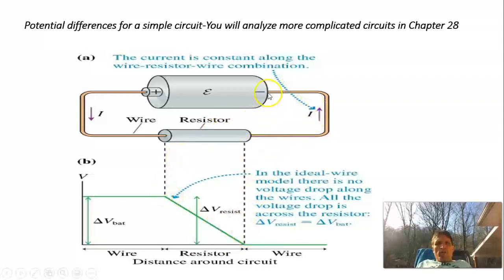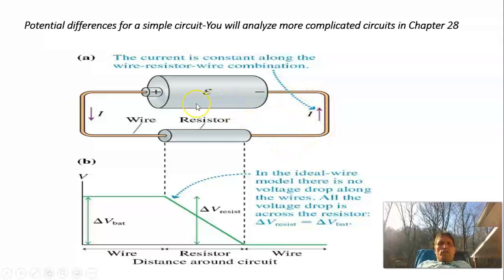So all of the voltage gained in going across the battery, all the voltage produced by the battery is used up by the resistor, and that's Kirchhoff's loop law. So by the time we get back to this point, we're back down to V equals zero relative to the negative terminal. And you don't get any more voltage drop across here because it's a perfect wire, and a perfect wire has zero resistance, and so Ohm's law says it doesn't drop any voltage.